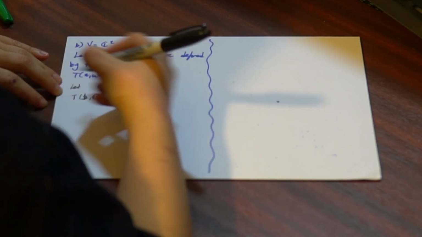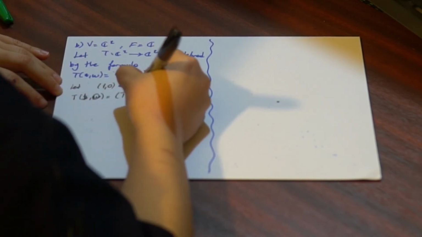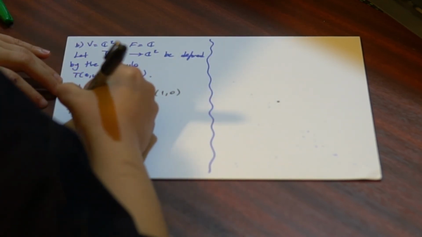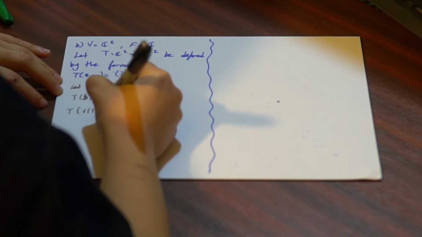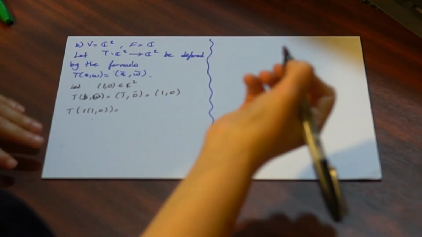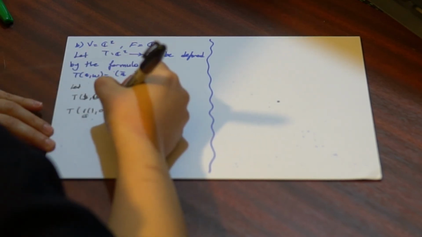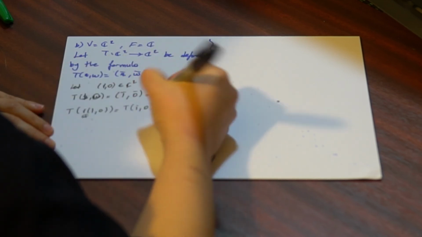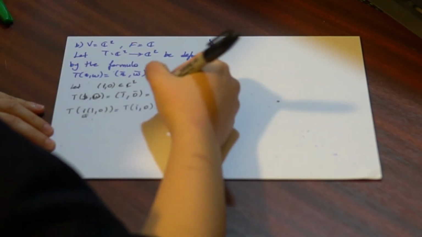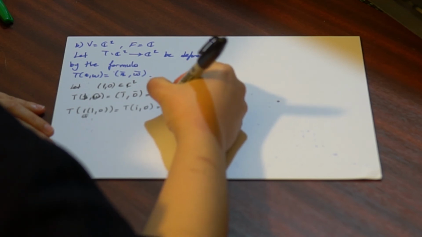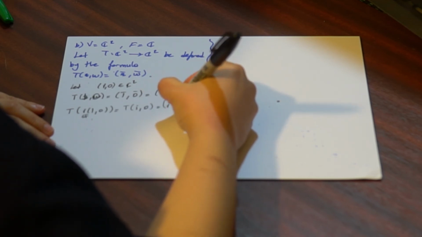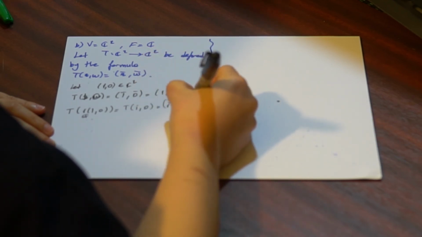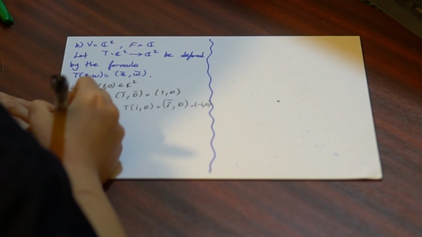T(1, 0) is equal to (1 conjugate, 0 conjugate), which is (1, 0). Now let's look at i times (1, 0), with i in the field. T of i times (1, 0) is equal to T(i, 0), which is (i conjugate, 0), which is (minus i, 0).